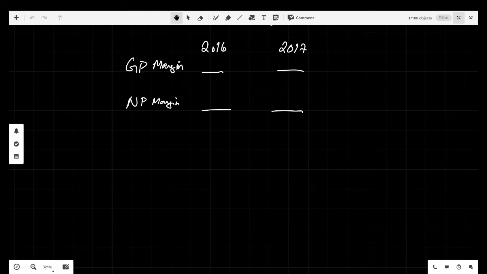But what would be the gross profit margin? You take that 19,700 times 100 divided by 48,050. Okay, and the amount would be 40.9.